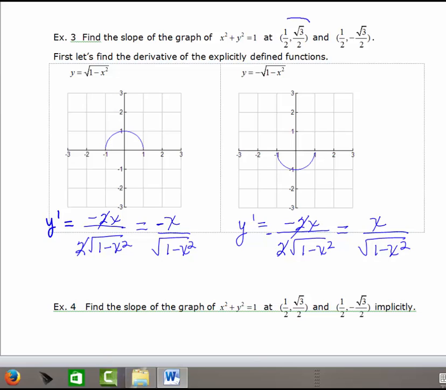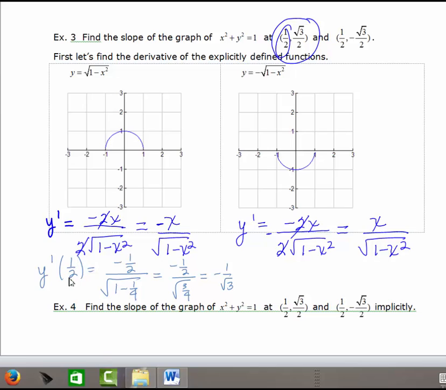So when I look at the first ordered pair, since the y value is positive, that means I want to look at the top semicircle, because those are all where the y values are positive. And so I would substitute 1/2 and the square root of 3 over 2, and actually in this case, I'm just going to plug in x equals 1/2 because my function is in terms of x.